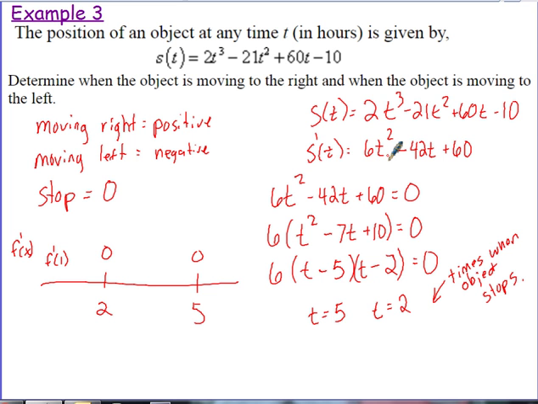So 6 times 1 squared, minus 42 times 1 plus 60. Yes. So more specifically, that's a what? That's positive. So does everybody agree that f prime of 1 is greater than 0? It's positive, which tells me automatically that this is moving to the right.